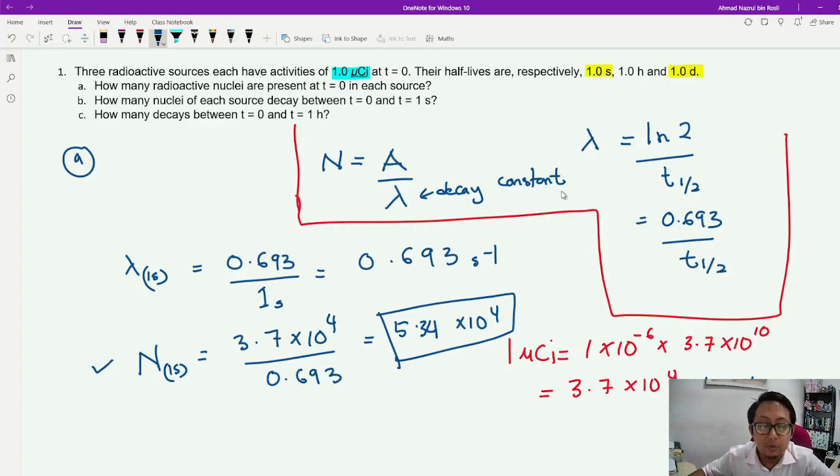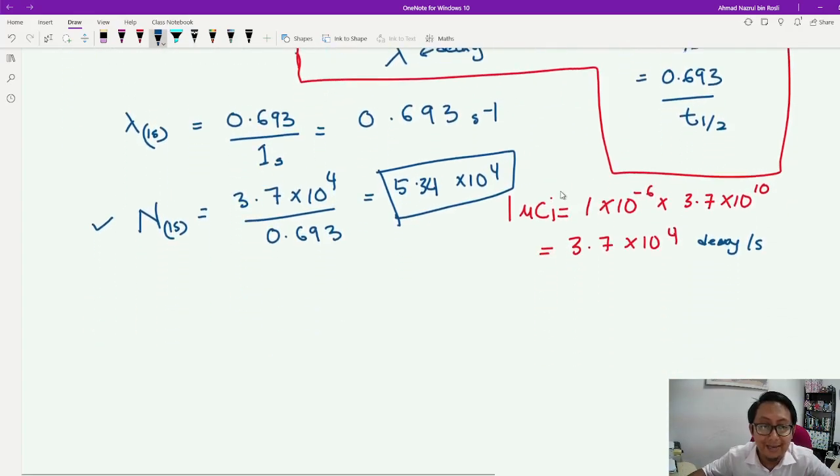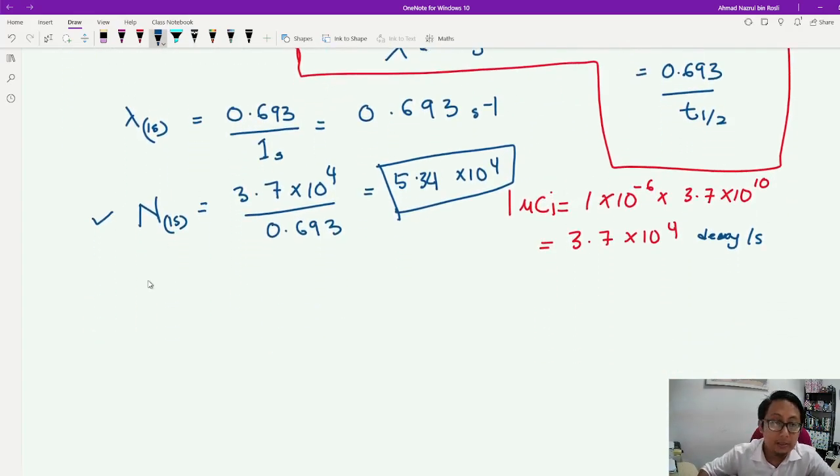So we try it for 1 day. It's quite similar. For 1 day, find lambda first.